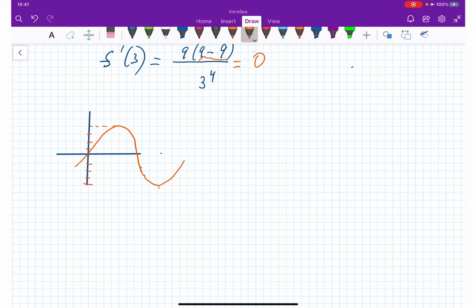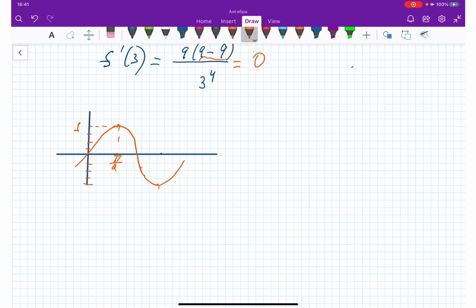Okay, so this is going to be our 1, right? And this is at the point pi over 2, because that's how the graph of sine works, that's how it works on the unit circle.